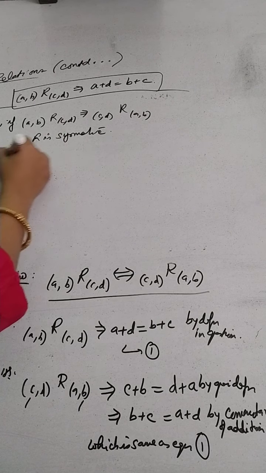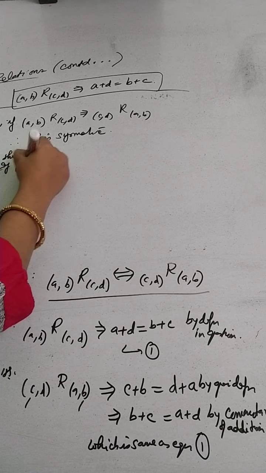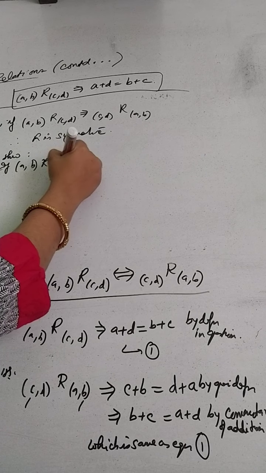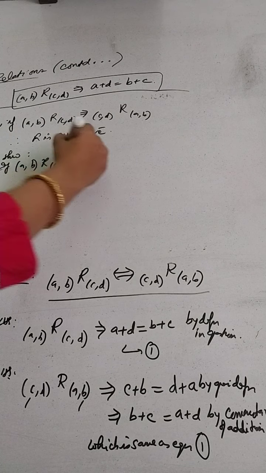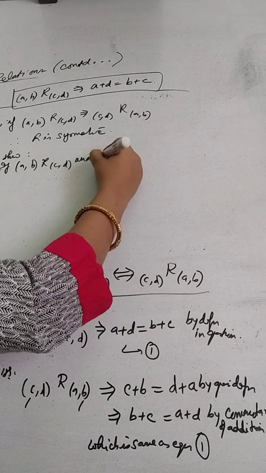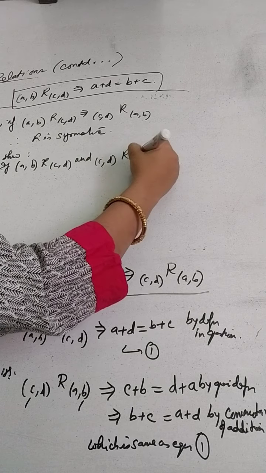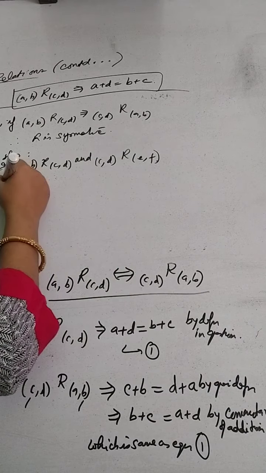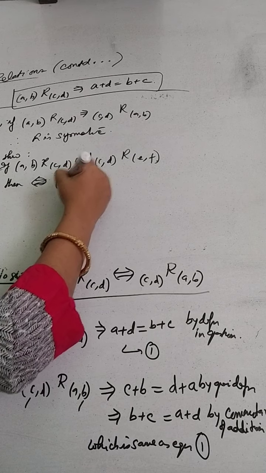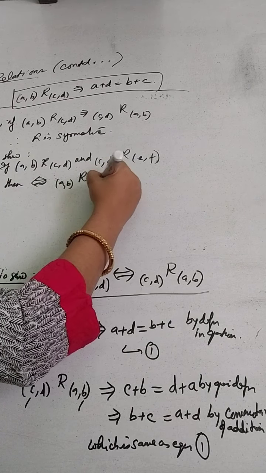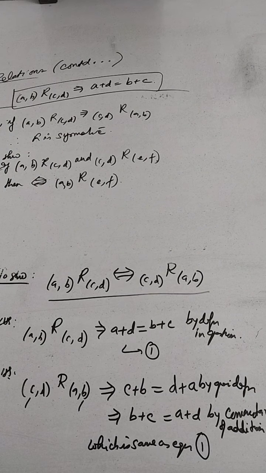That is to show that if AB is related to CD, and CD is related to, suppose, EF, then you have to show that it implies that AB is related to EF. This is what I have to show.